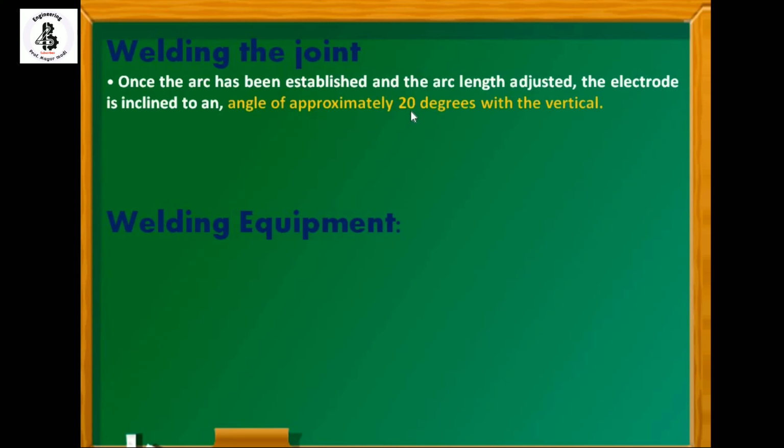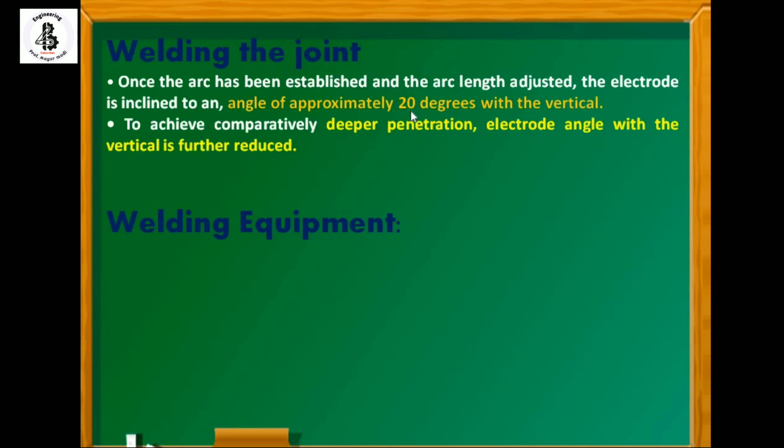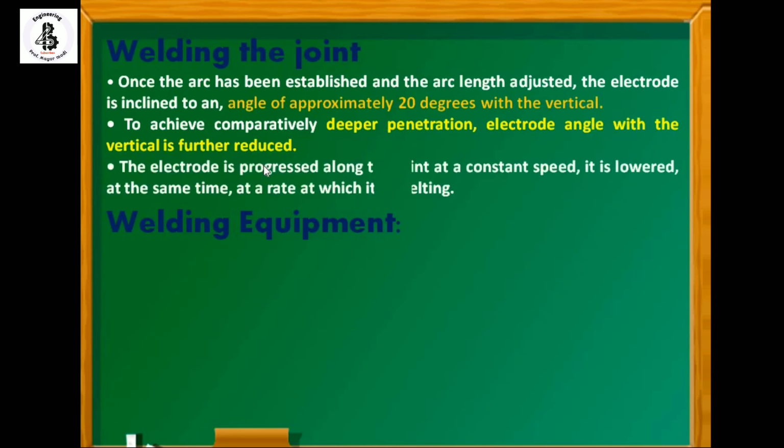That will be the most appropriate position. To achieve comparatively deeper penetration, the electrode angle with the vertical is further reduced. The electrode is progressed along the joint at a constant speed. It is lowered at the same time at the rate at which it is melted.